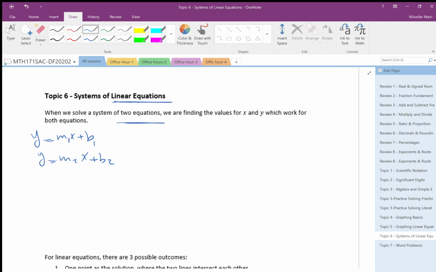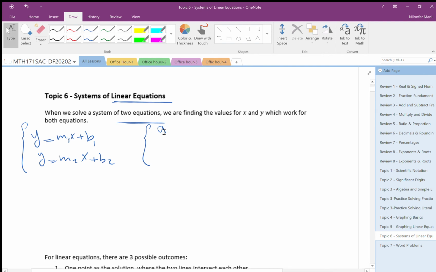But when I have two linear equations, it means I have two different slopes, and I assume two different y-intercepts. You will see what happens if they are not different, so think about this. But in the general case, we usually represent two equations in standard notation, not slope-intercept form.